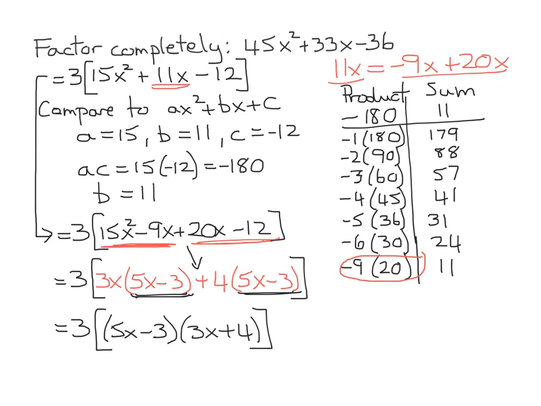And so now I have completely factored my original trinomial. And in this one, I'm not going to check it, but how would you check it? You'd FOIL out these 2 binomials, then distribute 3 into the answer, and we should end up with our original polynomial.